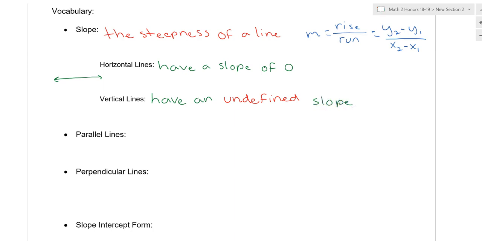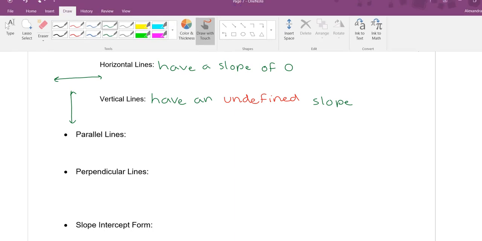Okay, so we'll just say it's undefined, right? Because it has rise, but it doesn't have run. It doesn't go over at all, so that's 0. And so when you divide by 0, you can't do that, so we call it undefined.